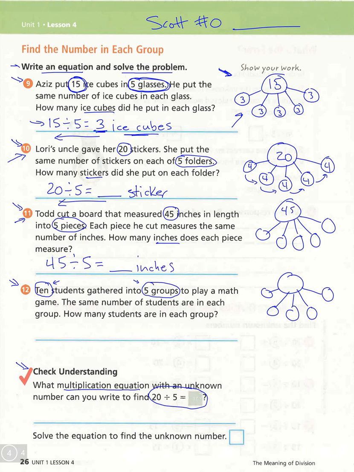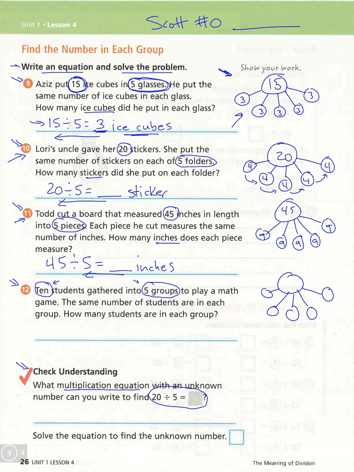So now again, we're thinking backwards, and we're thinking what times 5 is 45? So let's count. 5, 10, 15, 20, 25, 30, 35, 40, 45. 9. So 9 is going to go into each of those. Each of those 5 boards is 9 inches long. Okay, let's go down to the next one.